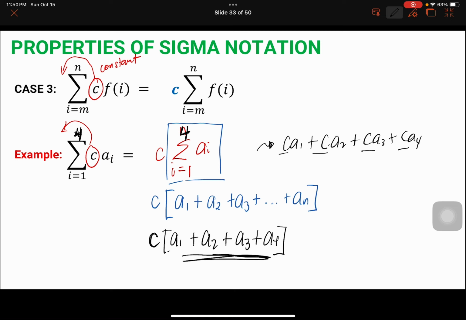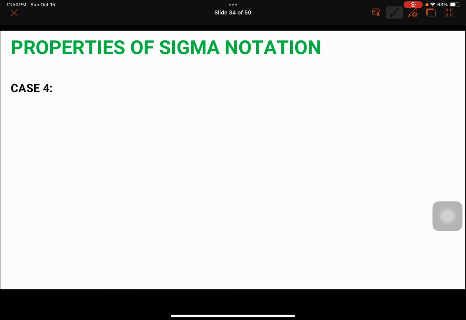So, we have the case 4. So, sa case 4 naman, we have two functions. Merong operation sa pagitan nila. We have the positive or addition, the negative or subtraction. So, in this part, instead na computein mo siya mano-mano, sige, pag-addin muna natin yung dalawang function na yan. From I na equal to M up to N, we can distribute the sigma notation to them.